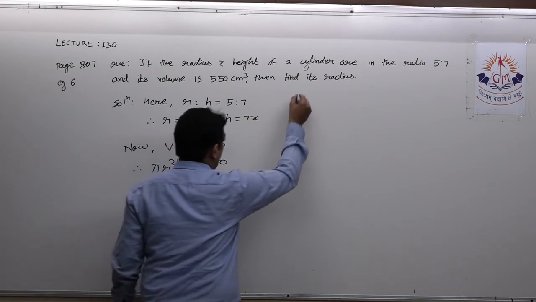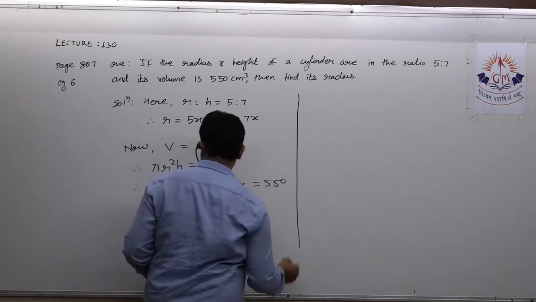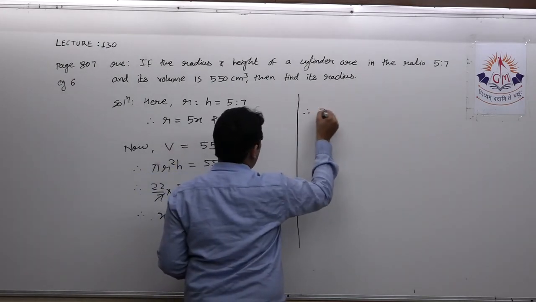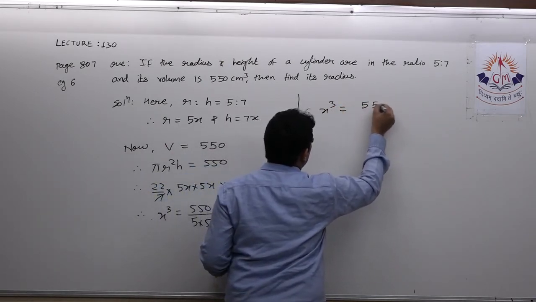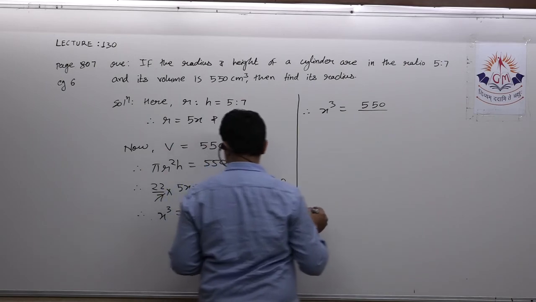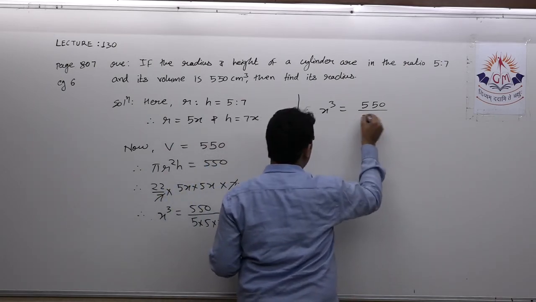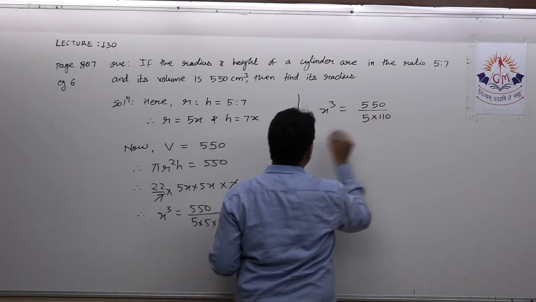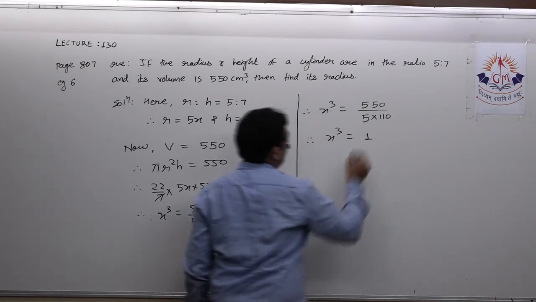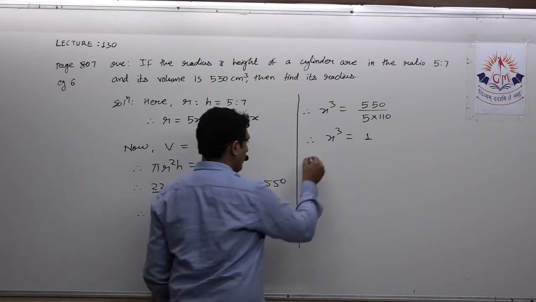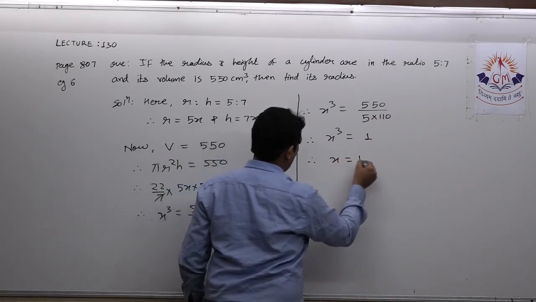So after getting the value of x, we can find its radius. Therefore, x cube is equal to 550 upon 5 into 22, which is 110, so 5 multiplied by 110. So simply x cube is equal to 1 actually, because 5 into 110 is 550. So x cube equals 1. Therefore, x equals 1.